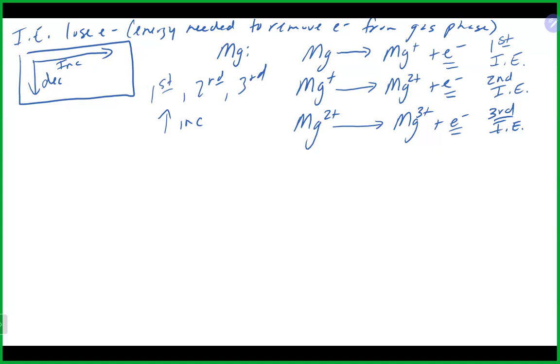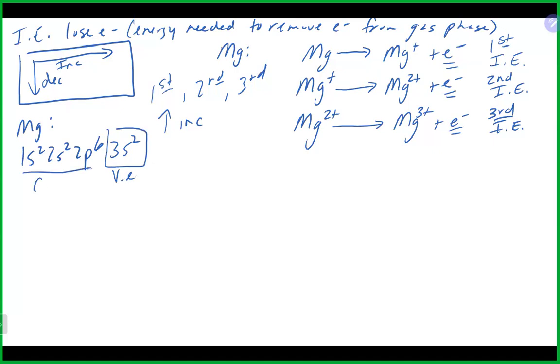If we look at magnesium's electron configuration, 1s2, 2s2, 2p6, 3s2, how many valence electrons does magnesium have? What group is magnesium? Mg is group number 2 on the periodic table, which means it has 2 valence electrons right there.